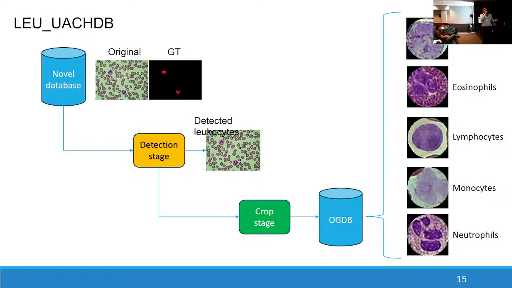And here are some examples of the already cropped images from the original image directly from the microscope. This process is closer to what an analyst sees, because the databases in the state of the art are already at this point, but they don't tell you how they did it. So this is a more accurate process, considering what an analyst sees every day in a laboratory.